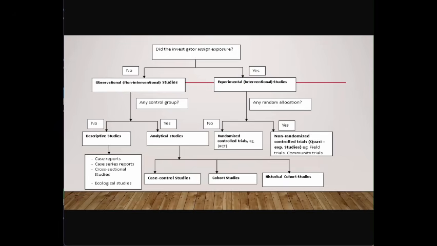A case control study is a type of study, just as the name suggests, with cases and controls. We start from behind, from the present day cases, then we go back and identify similar controls.